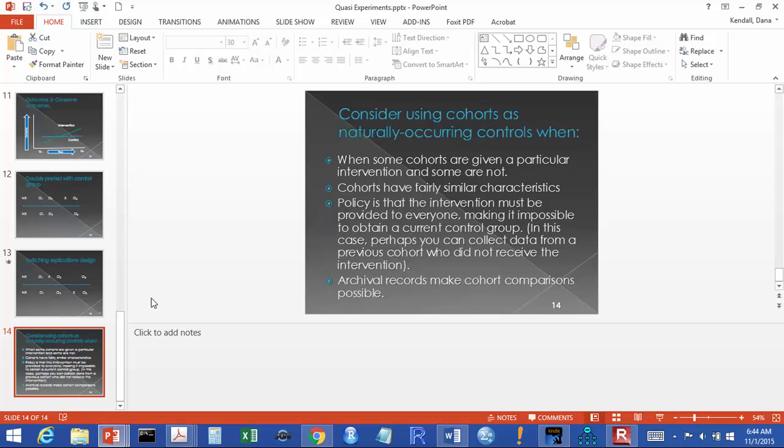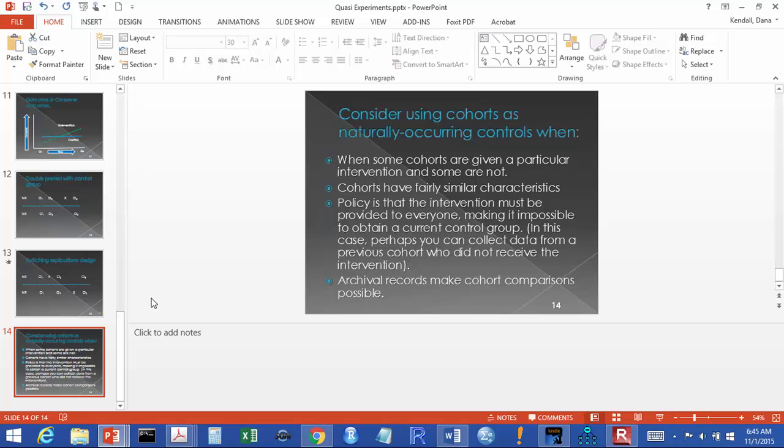What you can do is have people retrospectively talk with you about what it was like before the intervention, so you can get some kind of baseline, even if it's not perfect and you can't run an analysis on it, like a formal statistical analysis. At least you'll be able to have some kind of baseline idea so that you can report to the client.